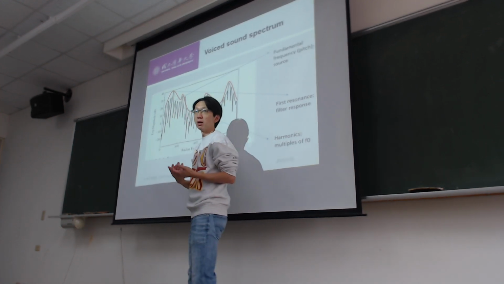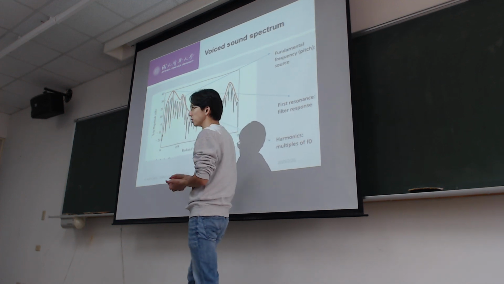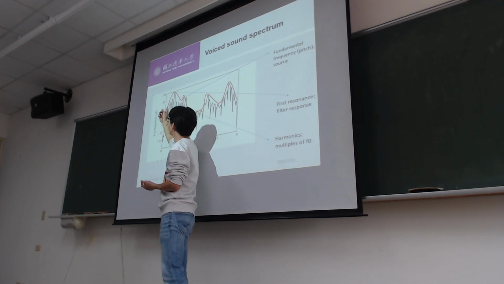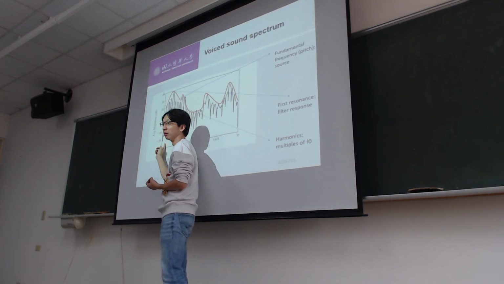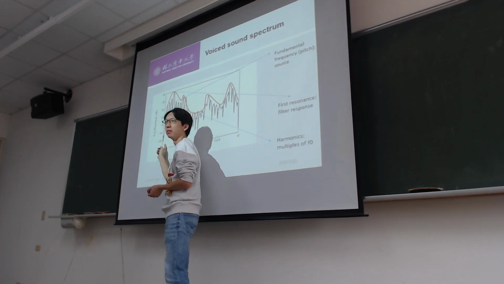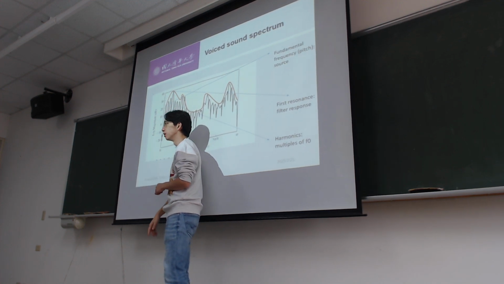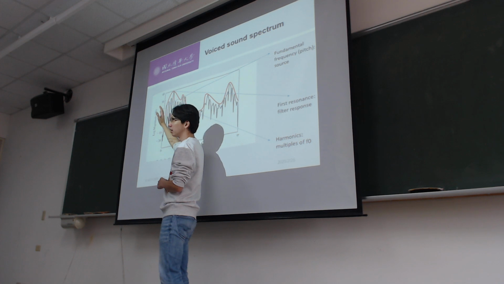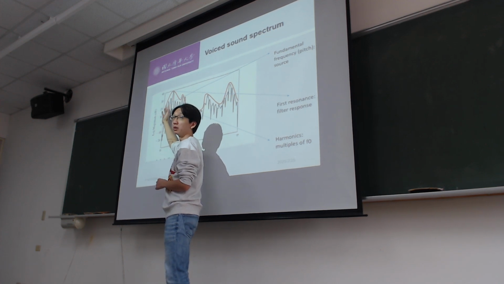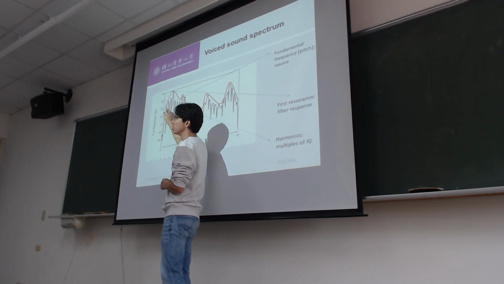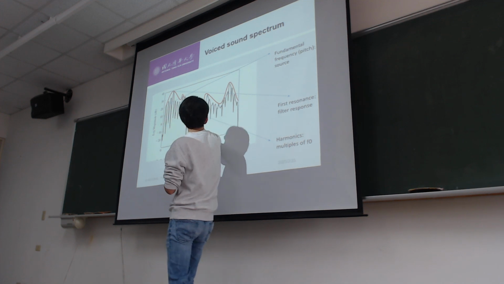But if I care about whether this is male or female speech, maybe what I want to do is estimate the fundamental frequency. If it's low, probably it's a male. If it's high, probably it's a female. So again, it depends on what we want to do. We will design different analysis tools to extract this portion or that portion.